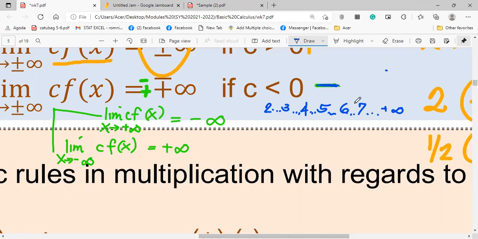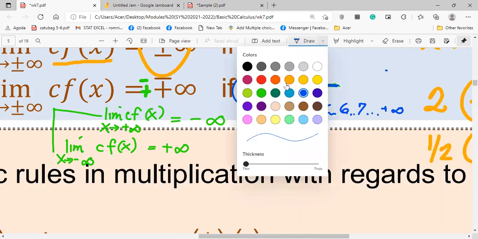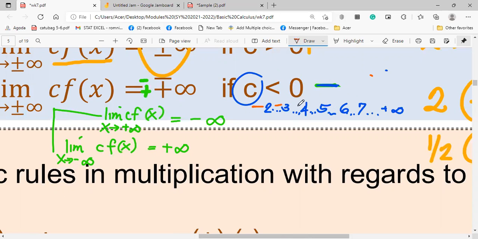No one can identify that. Paano kung nagbigay ka ng negative constant, C times f of x? Kaya niyang i-negate lahat yan. Instead na mag-increase yan positively, mag-negative yan. Yun yung sinasabi ng rule na ito.